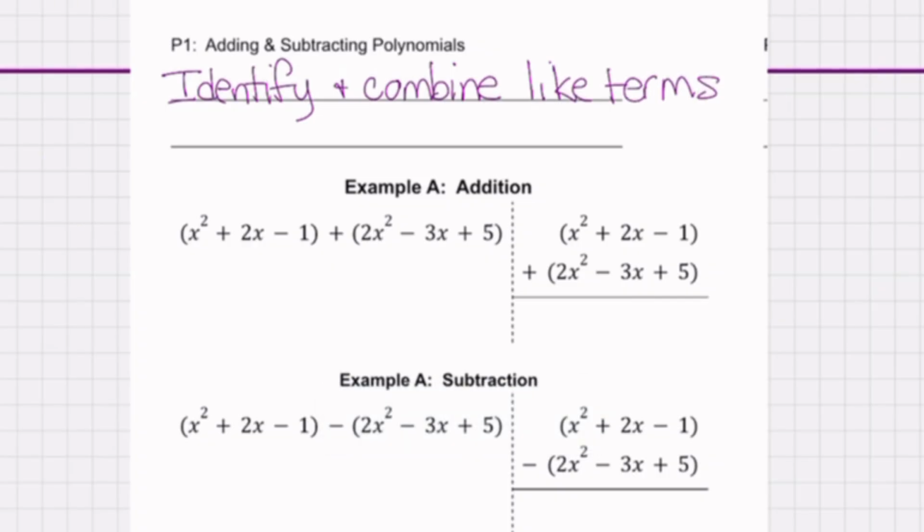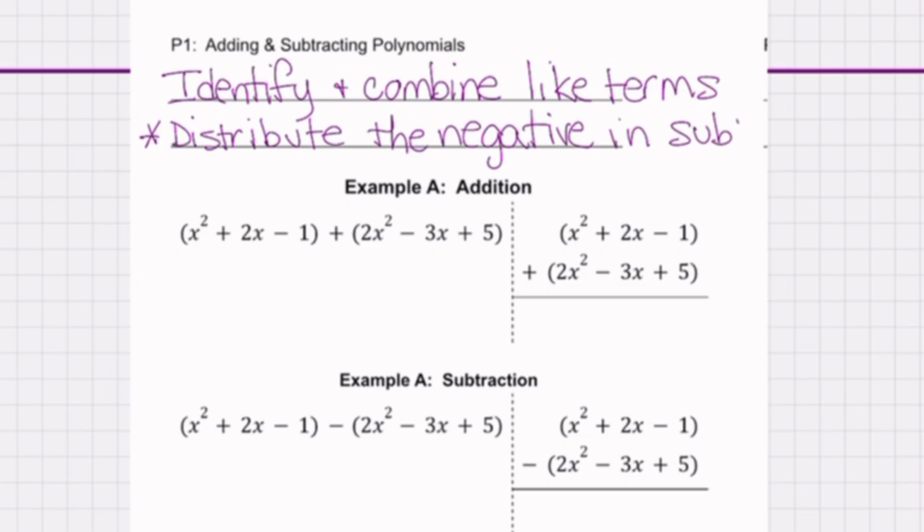Now, instead of giving away candy, we are going to have to distribute the negative sign in subtraction. Super important, this idea of distributing that negative sign.